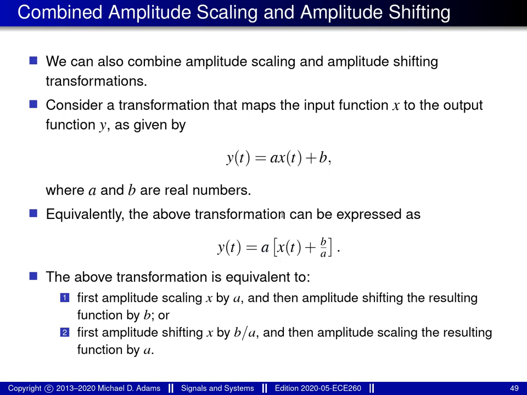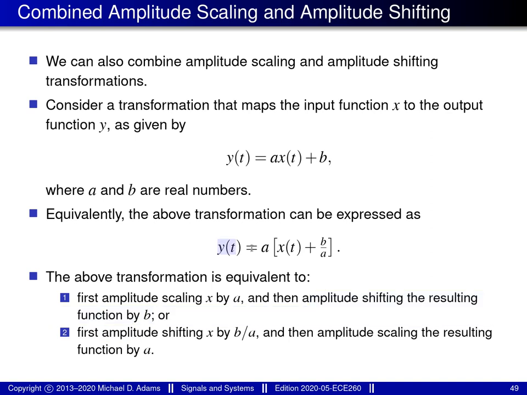These two ways of writing the same equation correspond to two different interpretations. This way of writing things corresponds to first taking our function x and amplitude scaling by a. In other words, this part here, we're first amplitude scaling by a, and then we take the result and amplitude shift by b, which is the last part here.